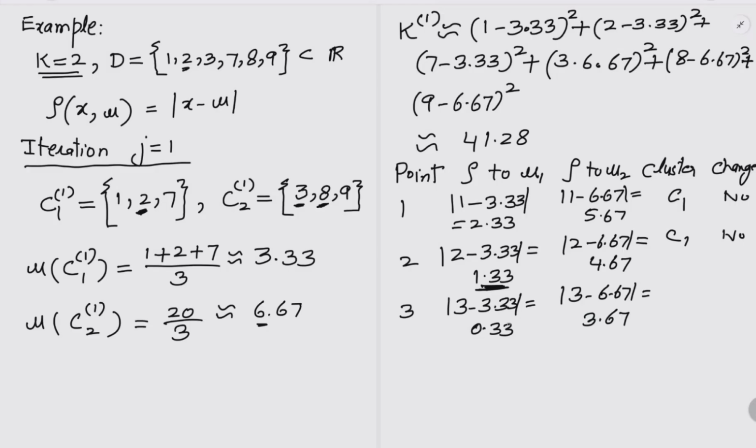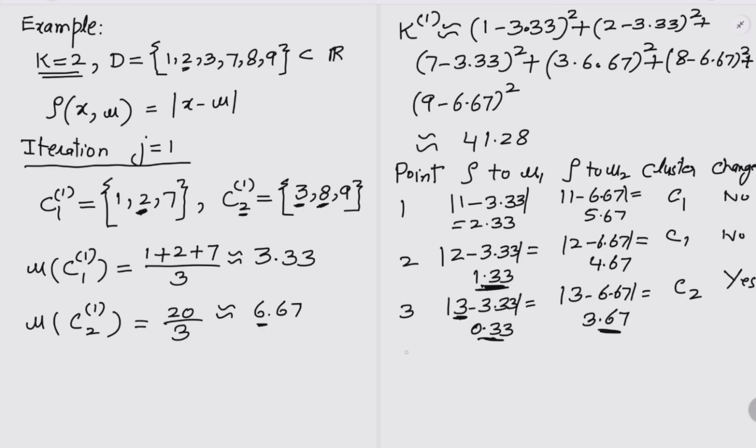So here you can see that 3, which belongs to cluster number 2, has a distance in this cluster that is less than in the other cluster. So it means that this 3 belongs to cluster number 1. So this should belong to cluster C1. And if there is any change, we say that yes, there is a change.